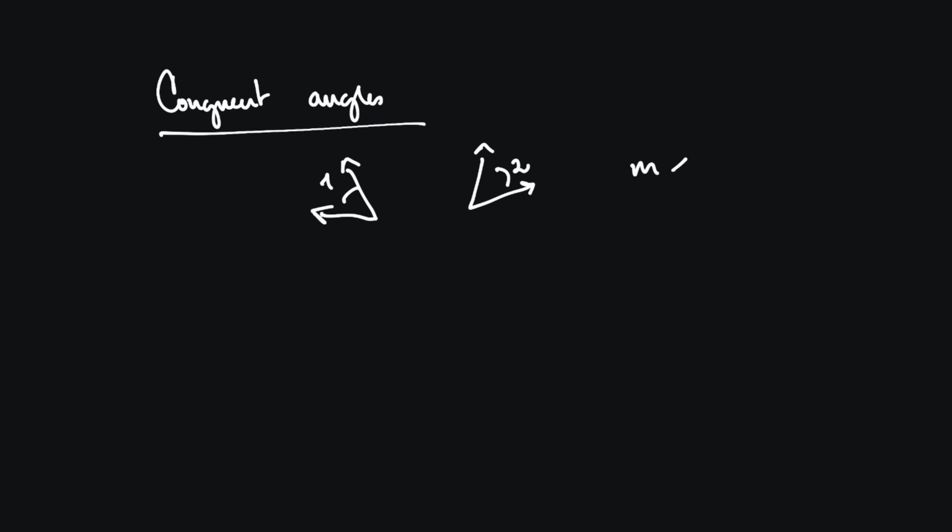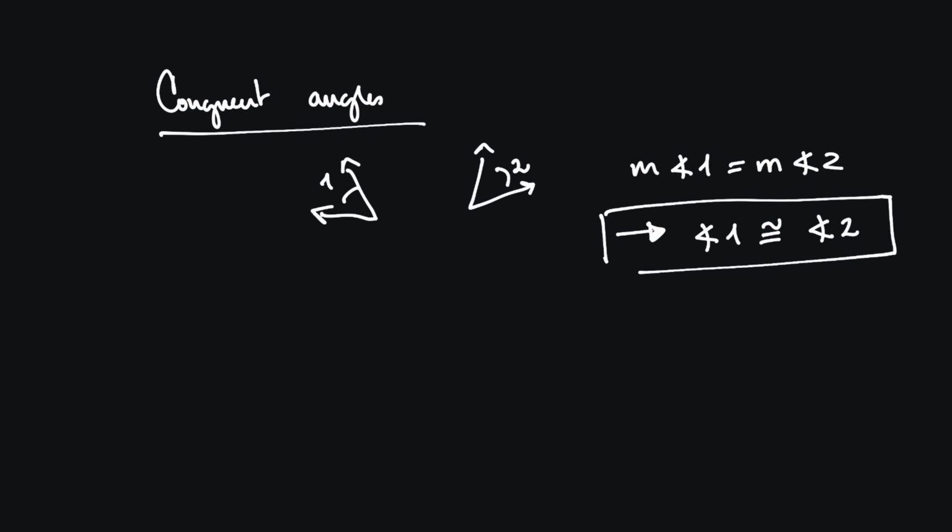So if the measurement of angle 1 is equal to the measurement of angle 2, then angle 1 is congruent, and this is the symbol that we're going to use, with angle 2. Pretty useful result. Let's do a problem with this.